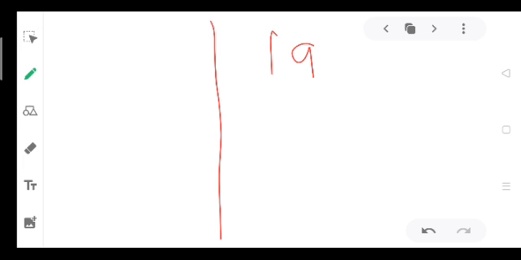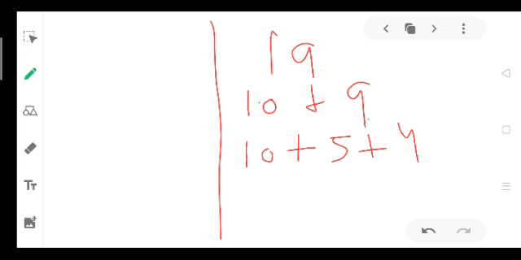Now 19. 10 plus 9, and we can break up 9 into a more expanded form: 10 plus 5 plus 4. We have the Roman numeral for 10, for 5 also, but not for 4, because we have only 7 symbols, and from these symbols only we have to write all the counting. So for 4, I told you what we have to write.